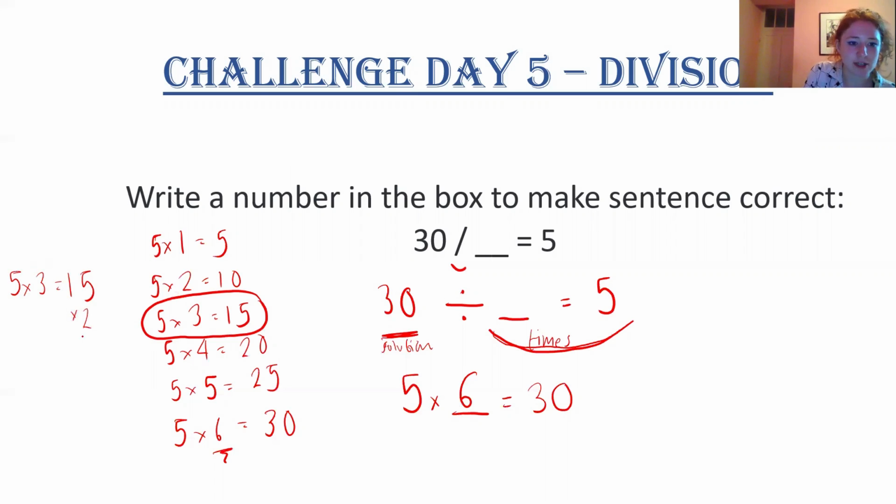So if we multiply that by 2, it's equal to 30. That means if we multiply this 3 by 2, it's equal to 6. So we can get 5 times 6 equals 30 from knowing just that 5 times 3 is 15. We've just doubled these last two numbers in our times table. So that's another way to do it if you can't remember all of your times tables at the time.